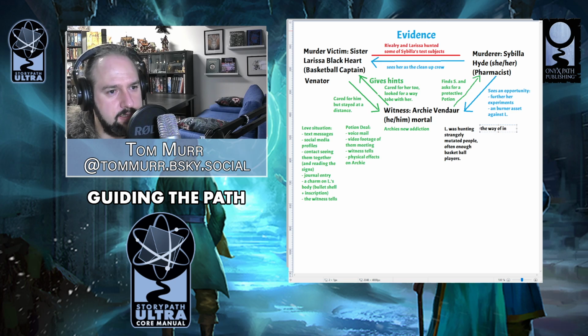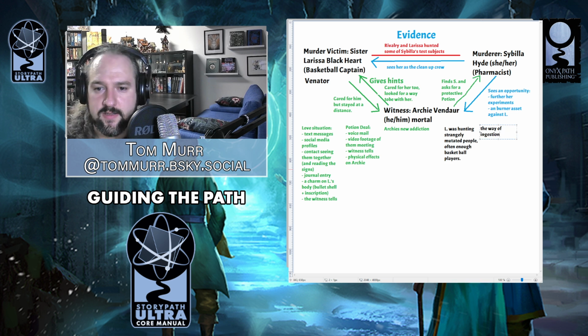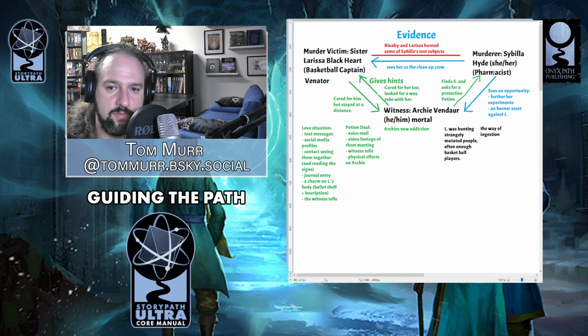I think it's ingestion. That's the word I was looking for. Ingestion is also a piece of evidence because this will lead towards Sibylla.